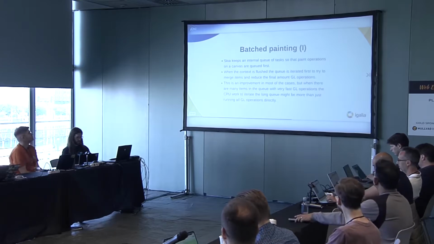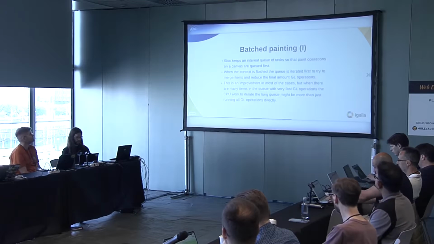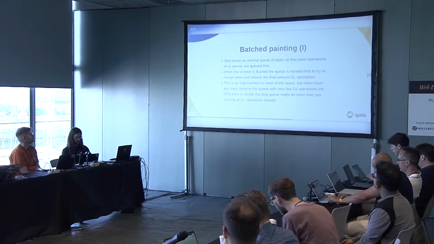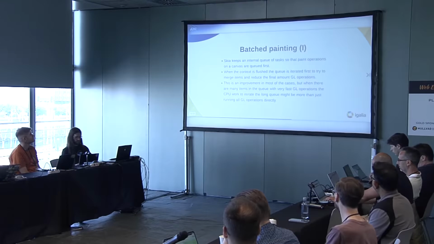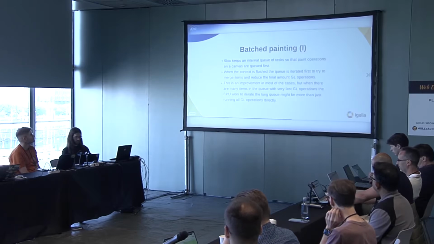The way Skia Ganesh works is that whenever a draw operation is asked to a canvas, the operation is not sent directly to the OpenGL context, but instead it creates a task that is added to a queue.